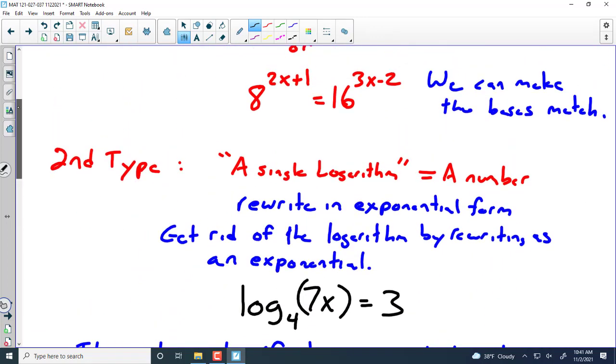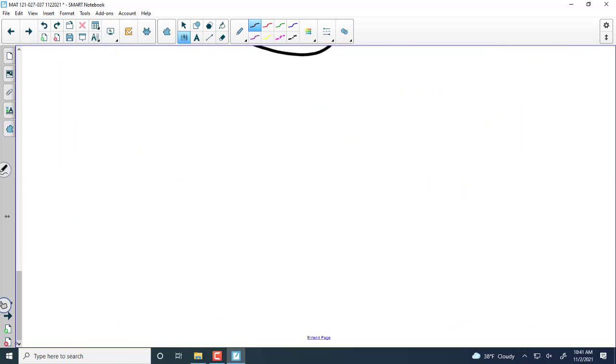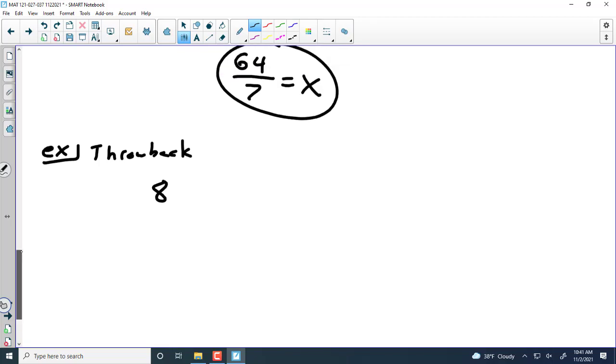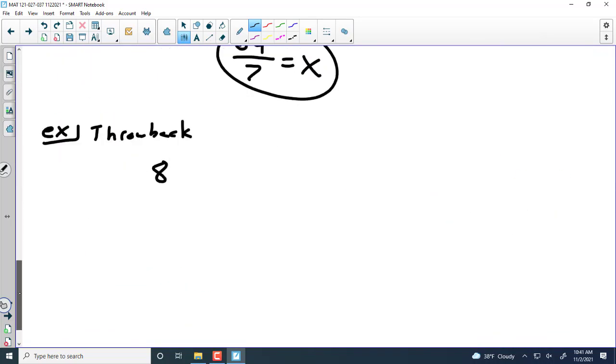And then just as a throwback, what happens if they throw this one at us? 8 to the 2x plus 1 equals 16 to the 3x minus 2.